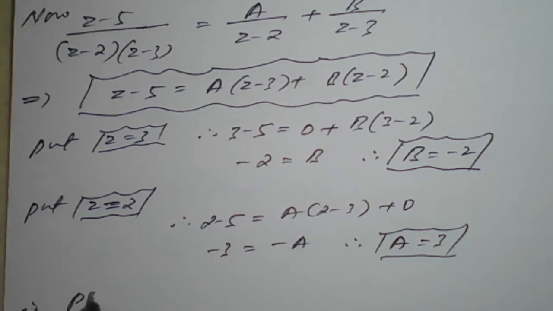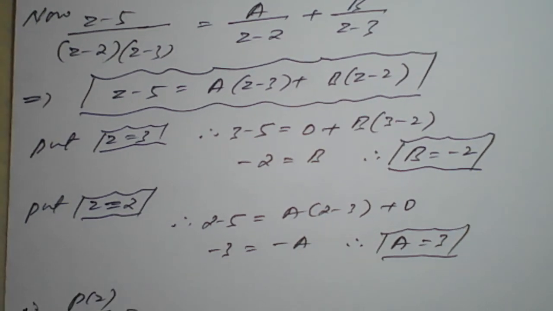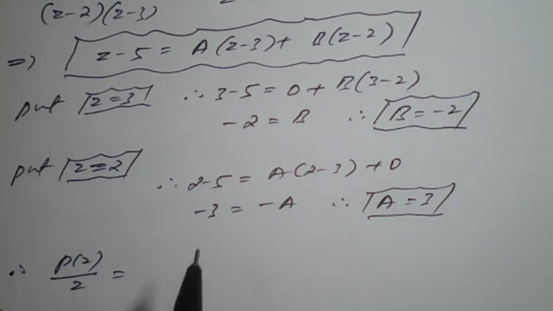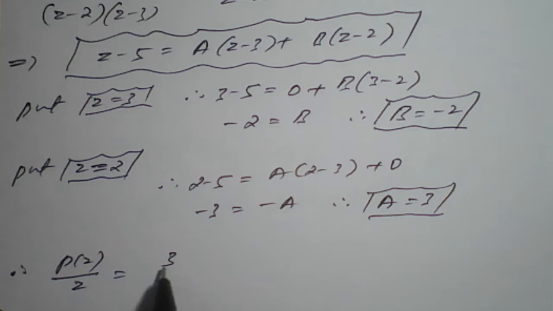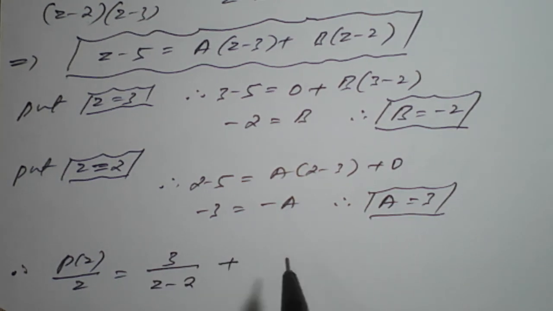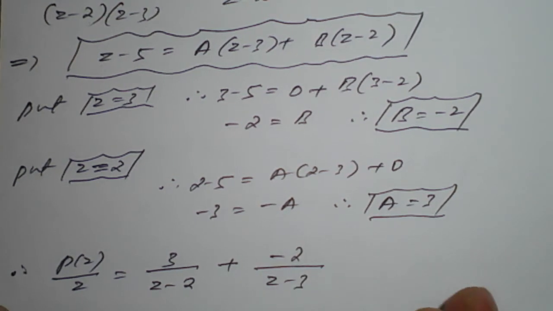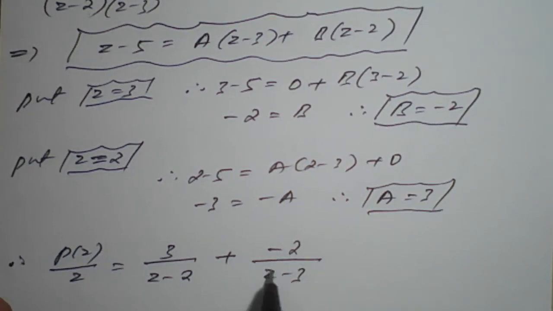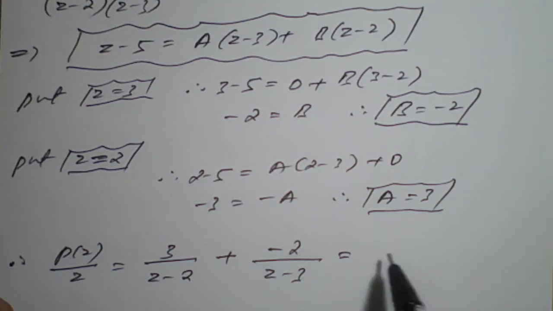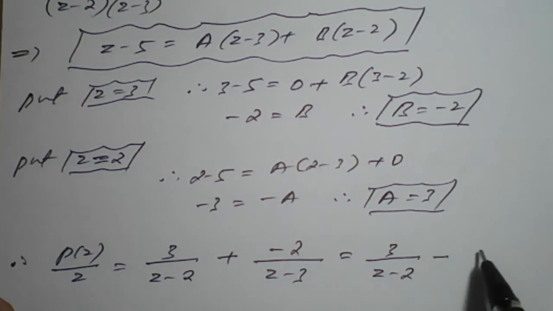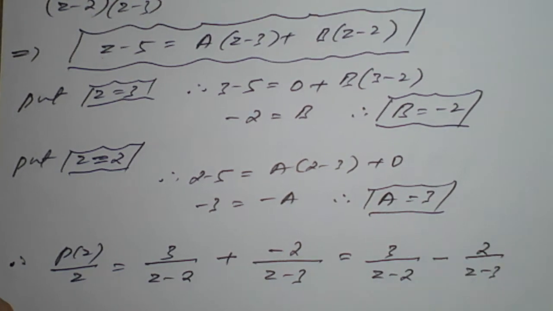Therefore P(z) upon z is A divided by (z minus 2), A value we got as 3 upon (z minus 2), plus B value we got, minus 2 divided by (z minus 3). Since it is a negative term, plus into minus is minus, so we can write it as 3 divided by (z minus 2) minus 2 divided by (z minus 3).